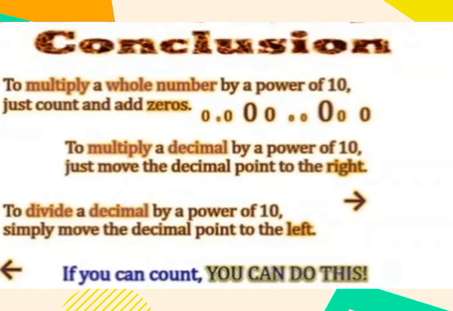In conclusion, to multiply a whole number by a power of 10, just count and add zeros. If we need to multiply a decimal by a power of 10, just move the decimal point to the right. To divide a decimal by a power of 10, simply move the decimal point to the left.